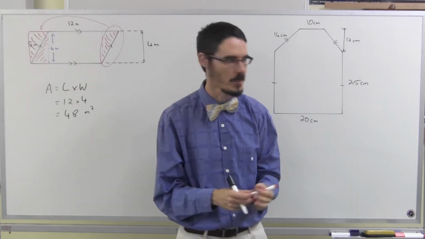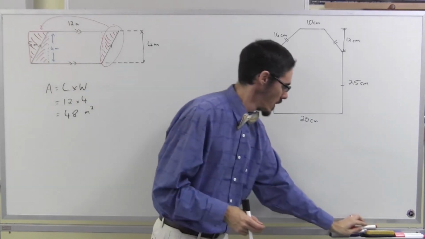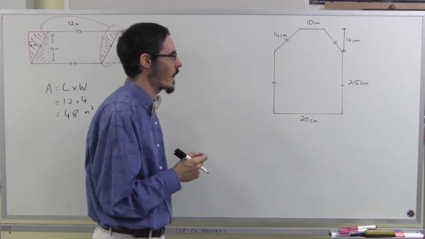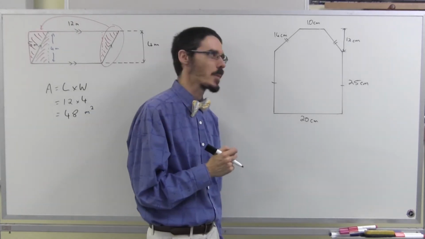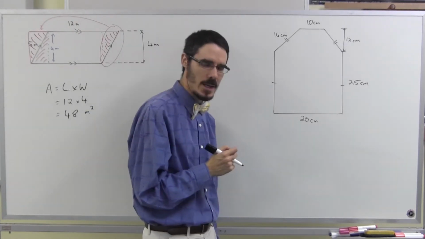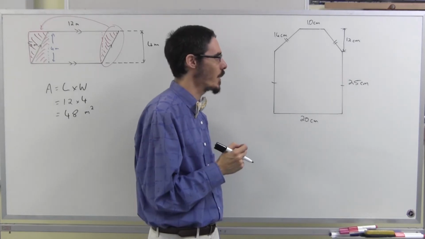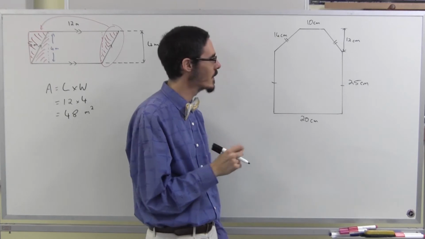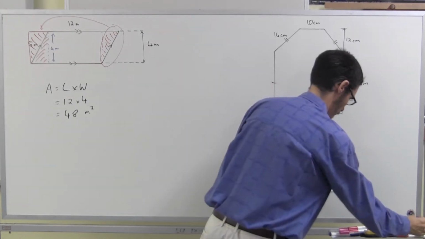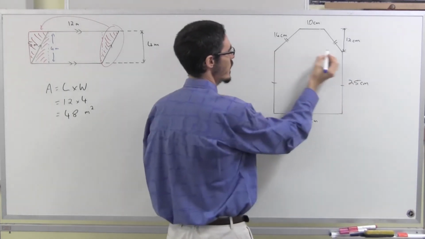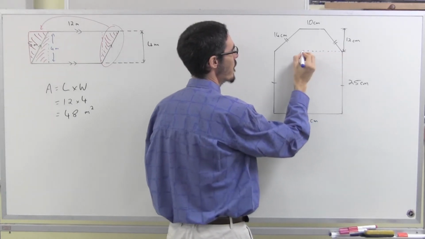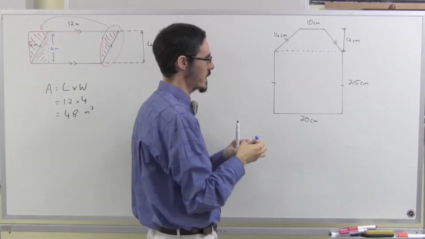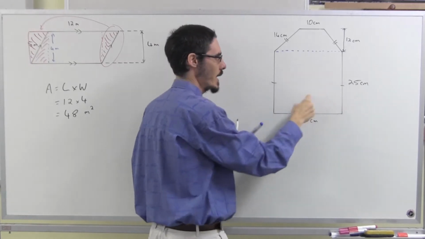Let's try the next one. This is a bit more complex of a shape. Can I break up this shape into a couple of different shapes that I can easily work out the area of? Yes, I can. First of all, I would be cutting it off here, because then I've got a simple rectangle down here.